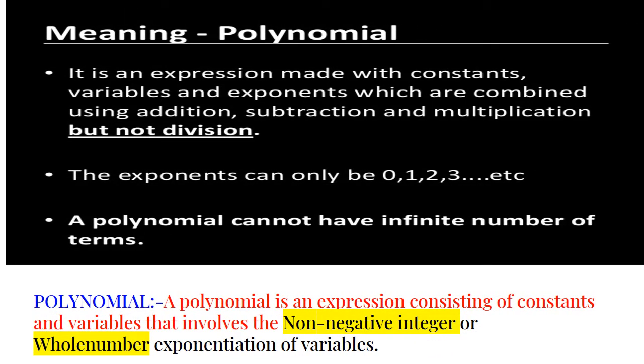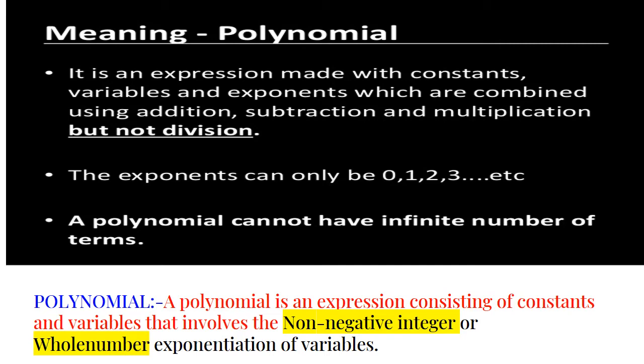A polynomial is an expression made with constants, variables, and exponents which are combined using addition, subtraction, and multiplication. In these operations, there is no division. The exponents can only be 0, 1, 2, 3; these are whole numbers only, and we can use positive integers.